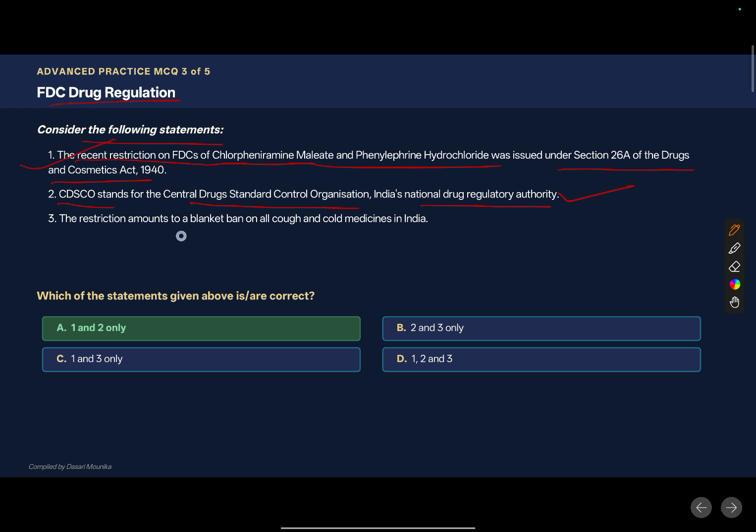The restriction amounts to a blanket ban on all cough syrups and cough and cold medicine in India. No. There cannot be any sort of blanket ban. If you're banning tobacco, cool drinks, or alcohol, they cannot be a blanket ban. Remember this basic idea.